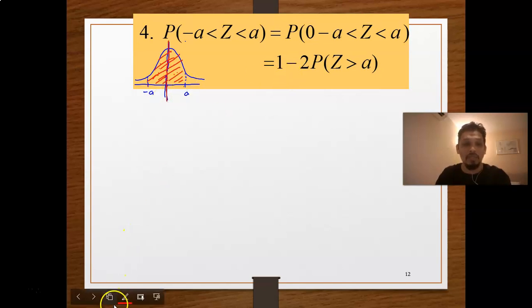So that's why we come up with 1, the whole area, minus 2 times the probability of Z greater than A.